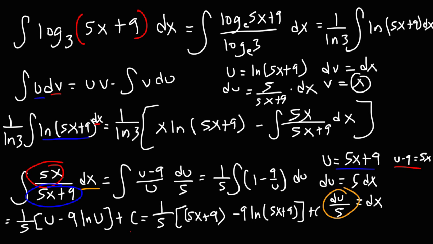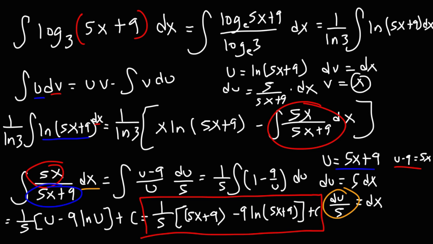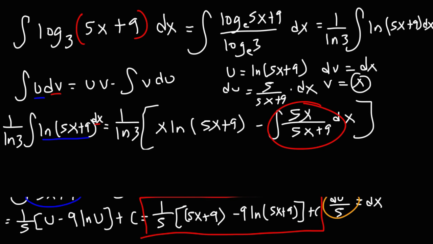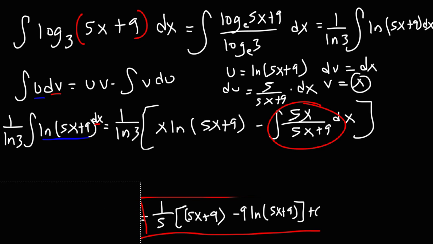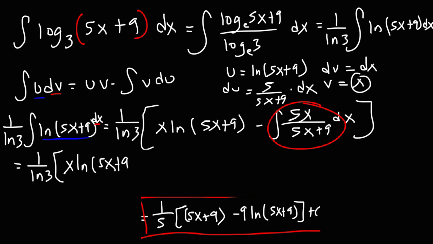So this information needs to go here. So right now we have 1 over ln 3, and then x ln 5x plus 9.